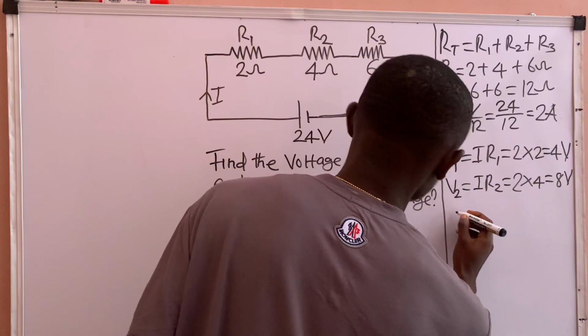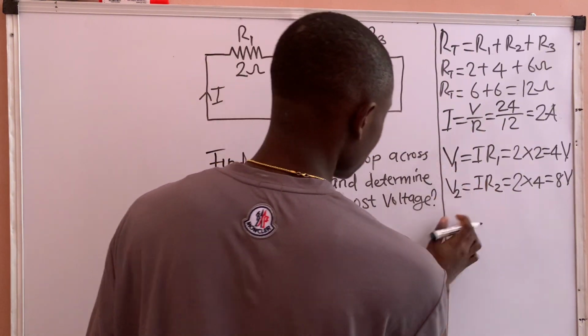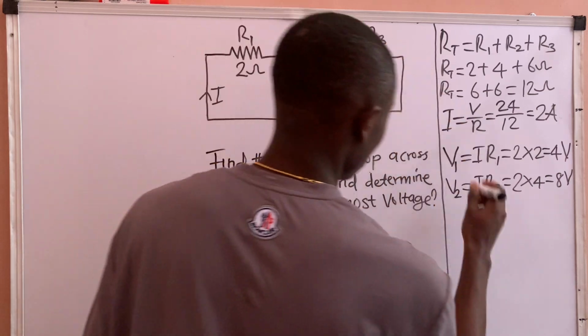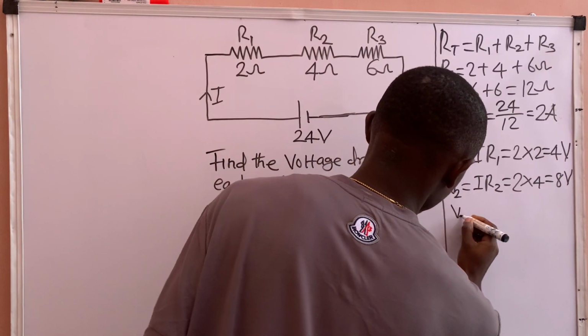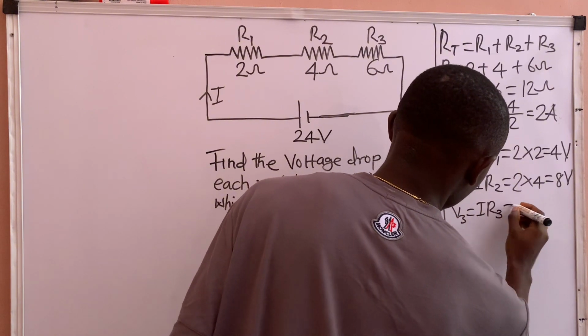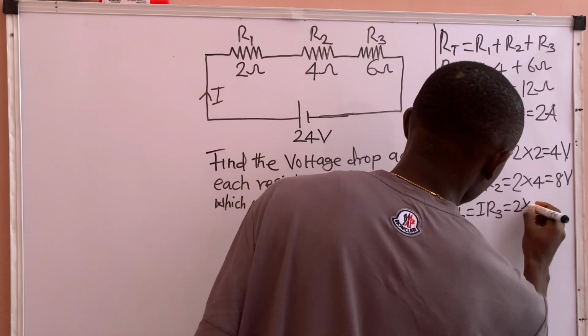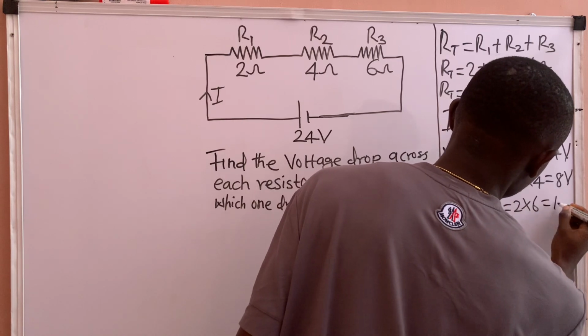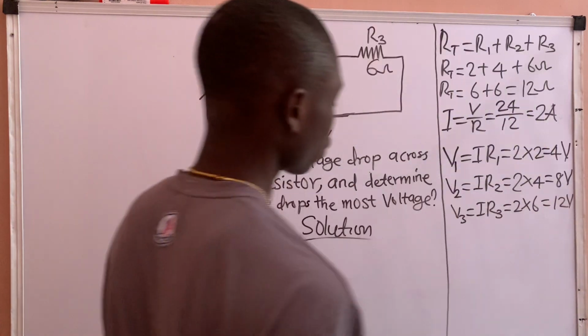So therefore, the voltage that will drop across the resistor R3 will be I3, which is 2, multiplied by R3, which is 6 ohms, which will be 12 volts.